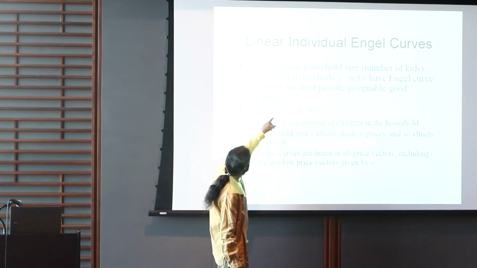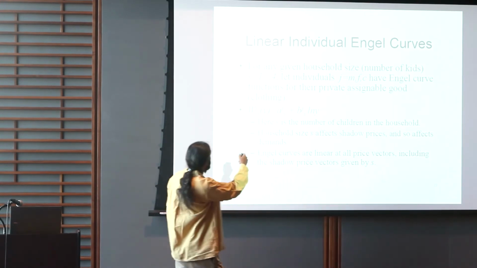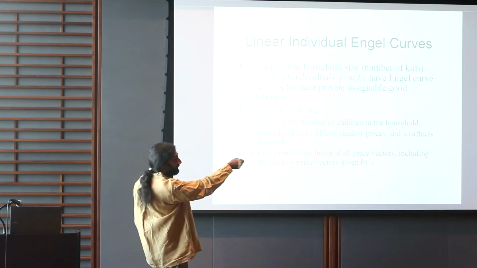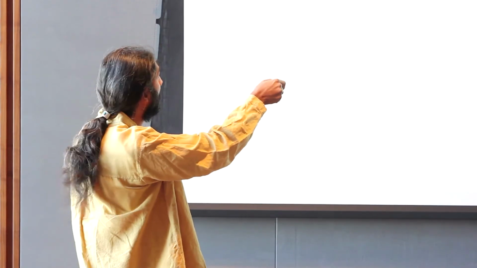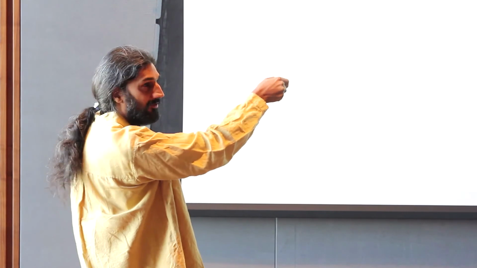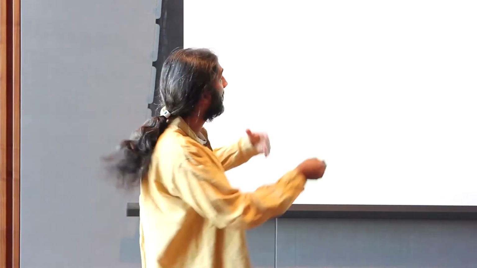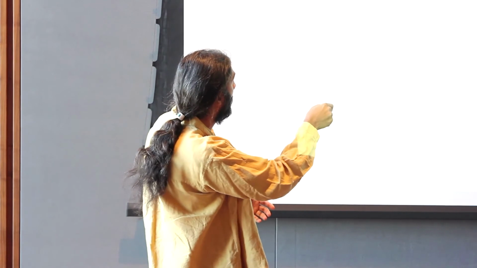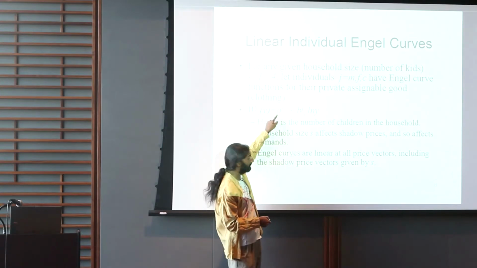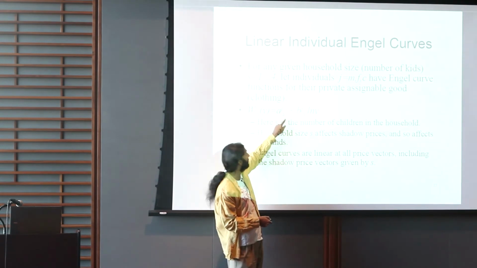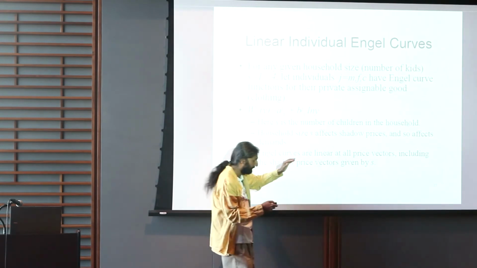And I'm going to introduce another subscript, S, for the household size, in this case the number of children. You'll see why that's necessary in a moment. That number of children is going to go from 1 to 4 because that happens to be what it does in our data. This is a lowercase w, J, S. It's going to have an intercept that depends on the person and the household size, and a slope that depends on the person and the household size.